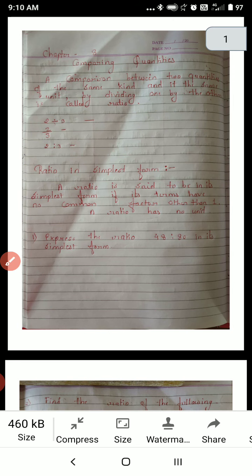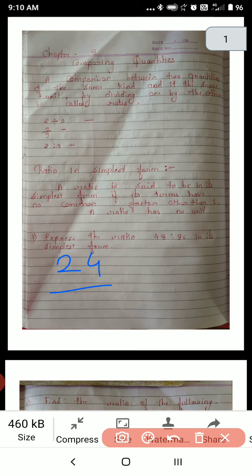Now, ratio in simplest form. Whenever two quantities are given, we have to divide until we get only one common factor, 1. Suppose we have a number like 24 upon 36.